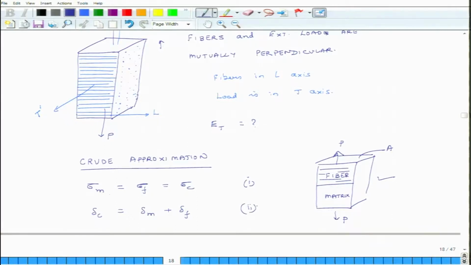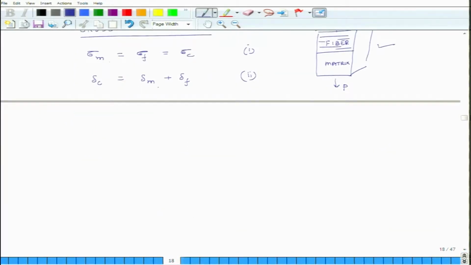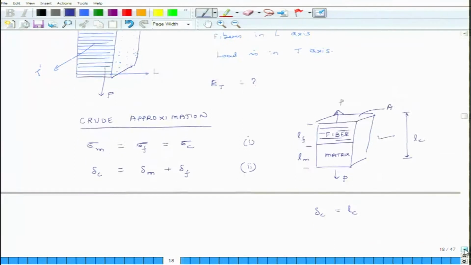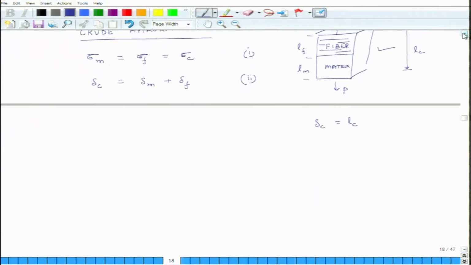This is the second equation. Now, the extension in the composite is the overall length of the composite, Lc, this is the length of the fiber block, and this is the length of the matrix. So the extension in the composite is the length of the composite times the strain in the composite in the transverse direction.